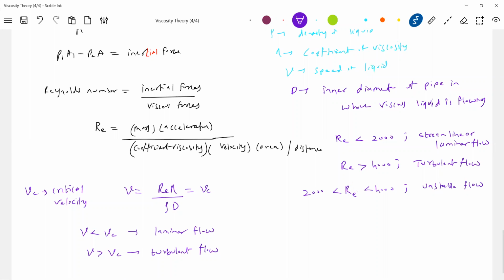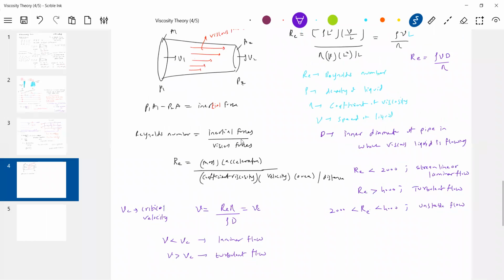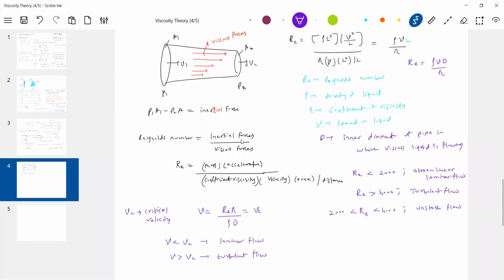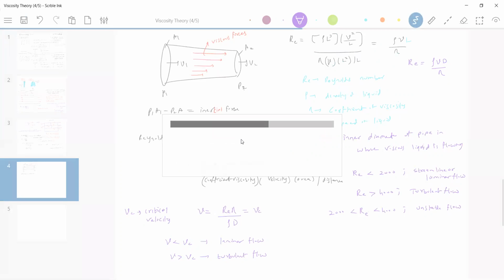Okay, now regarding the pipe, sir, can you show in the pipe what actually happens, because you have brought the diameter of the pipe. Shall I continue? It's only dimensional analysis. The Reynolds number is very important, because when the liquid is flowing, it will encounter two forces, the inertial force and the viscous force.